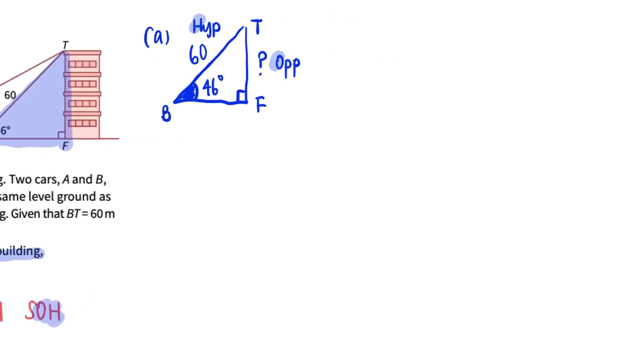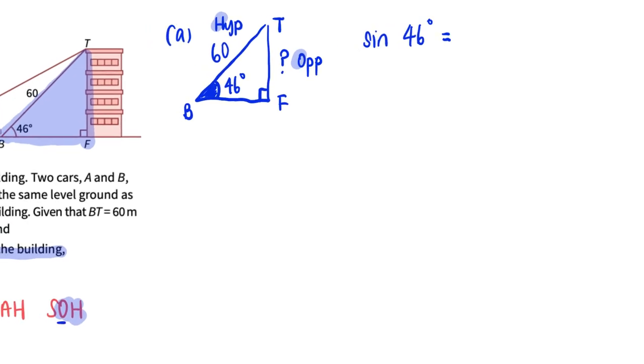So the sine of 46 degrees will be equal to the opposite, which is my TF, divided by my hypotenuse 60. So all we have to do is multiply 60 on both sides of this equation.